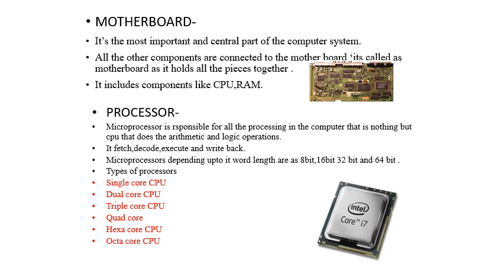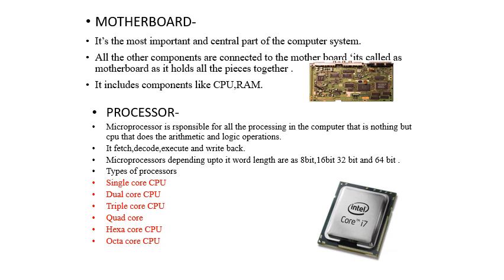Because it holds all the pieces together, because all those separate things present inside a computer are somehow connected to the motherboard only. Okay, all of these devices and small equipments present in the system will be connected somehow to the motherboard itself.